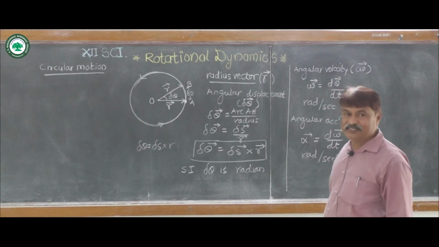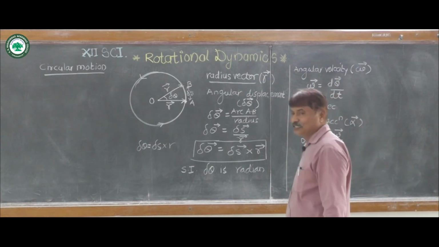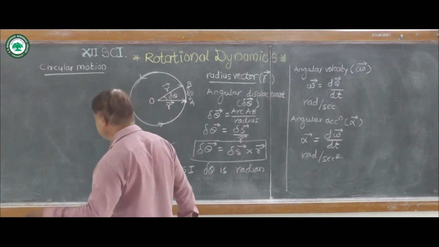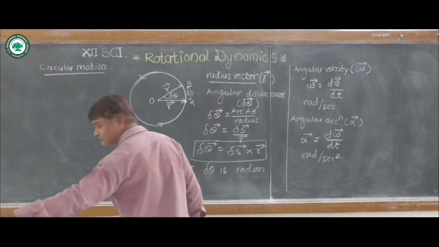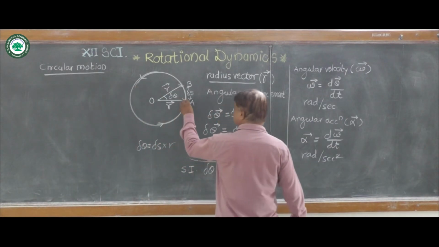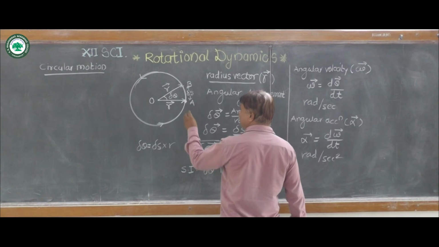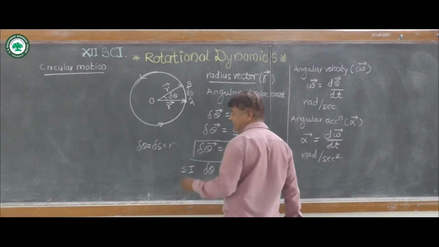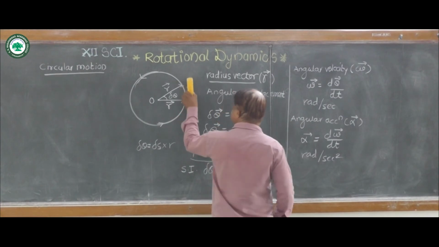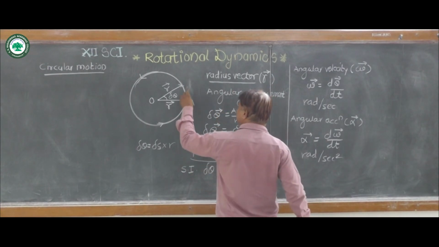Now, we have to study the direction of each physical quantity. For the direction, consider the particle at position A. The linear velocity at A is along the tangent.